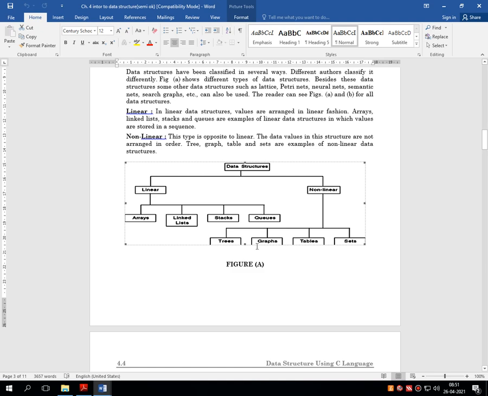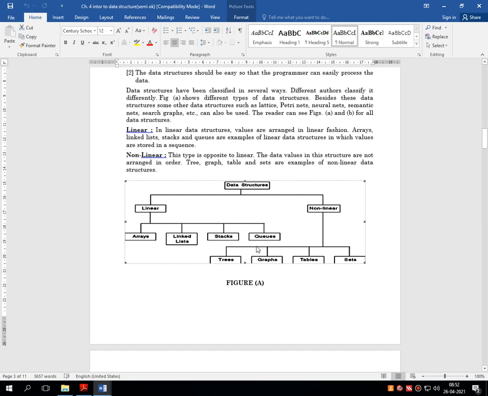Fine, as far as the visible difference is concerned we are aware of linear and non-linear, but what is the actual difference between linear and non-linear data structure? Generally in linear data structure, data is arranged. As we know, data structure is a process for arranging data in a different structured format.